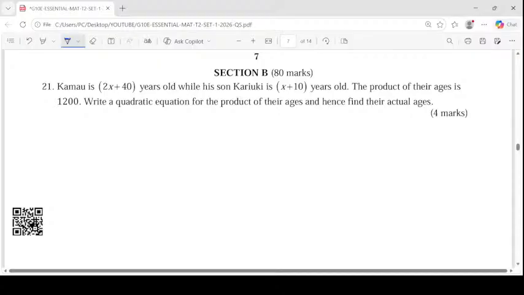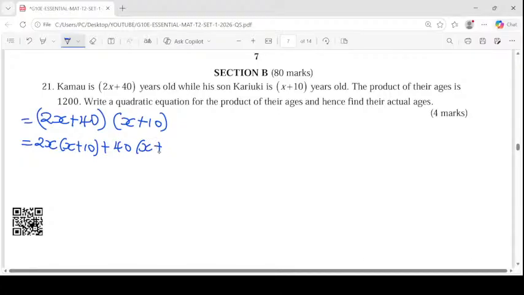When they say a quadratic equation for the product of their ages, let us first get the product of their ages. So I'll multiply 2x plus 40 by x plus 10. So this is the product of their ages. When you multiply this will be 2x into x plus 10 plus 40 into x plus 10.